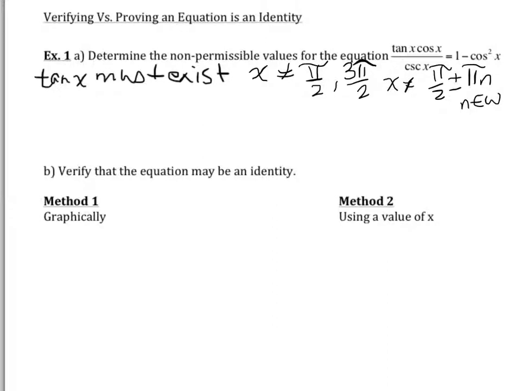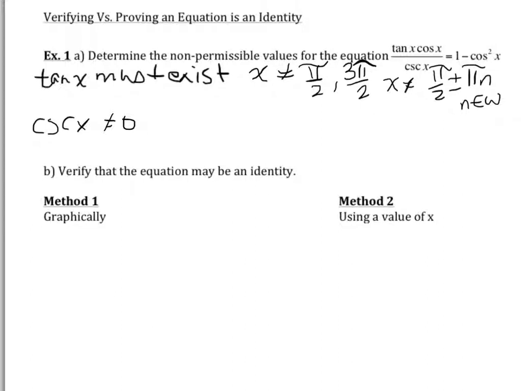Okay, so that's 1. Now what about cosecant? Cosecant, of course, has its own restrictions. Cosecant cannot be equal to 0, since it's in the denominator, which eliminates, what are some values? Actually, it eliminates absolutely nothing, since cosecant will never be equal to 0.